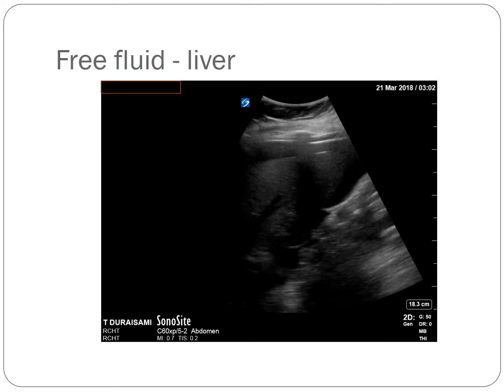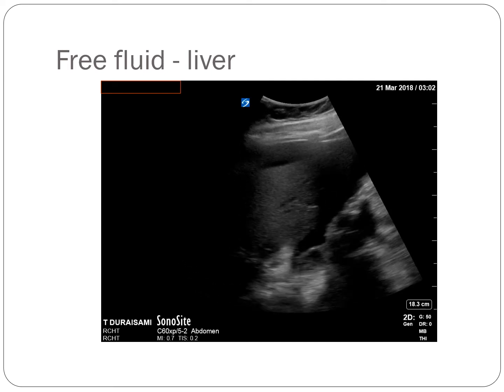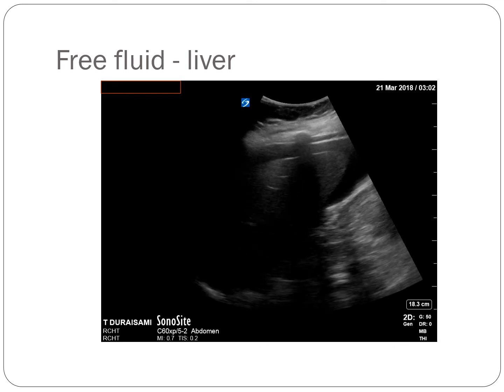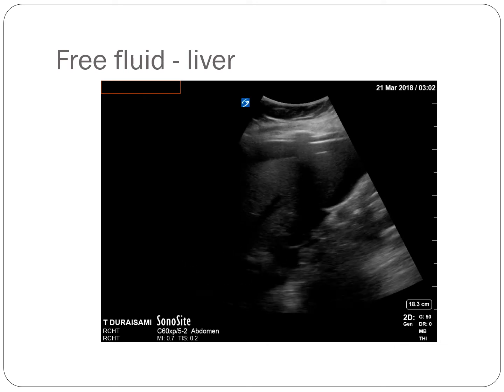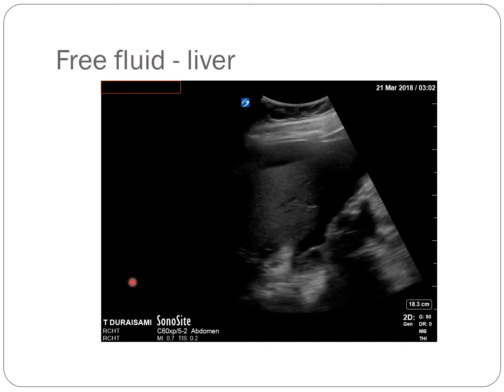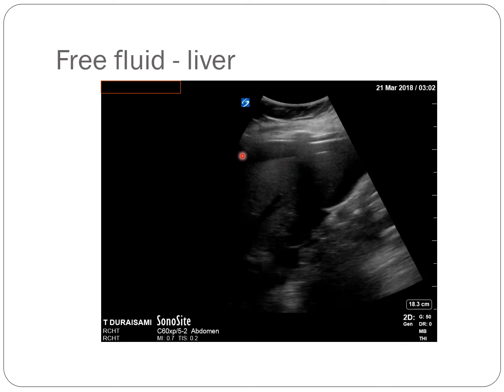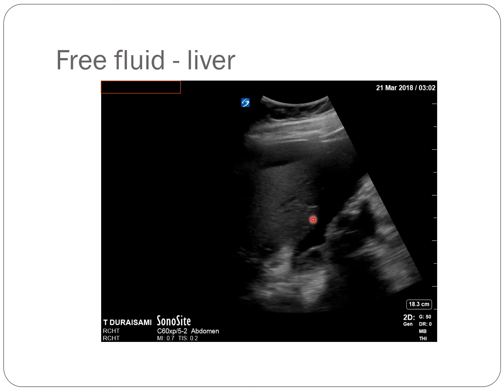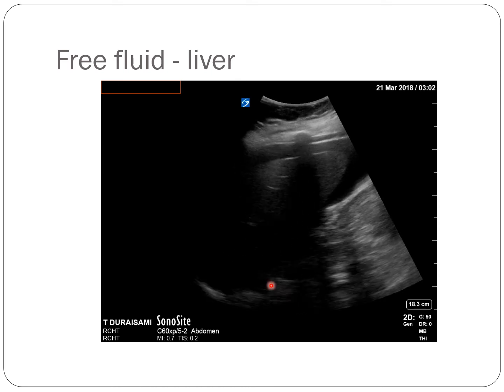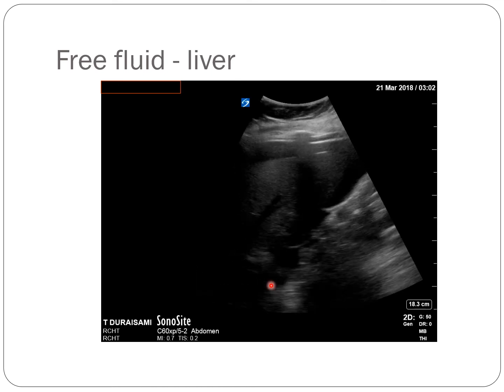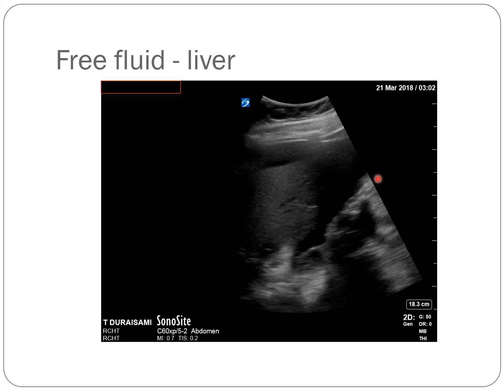It's because we are not exposing the patient to radiation. Therefore, you can repeat the scan as much as necessary. And you have the same scan of the same patient, remember the previous picture, with a much larger rim of free fluid around the liver. So a patient that was rescanned after an hour shows the progression of his bleeding.